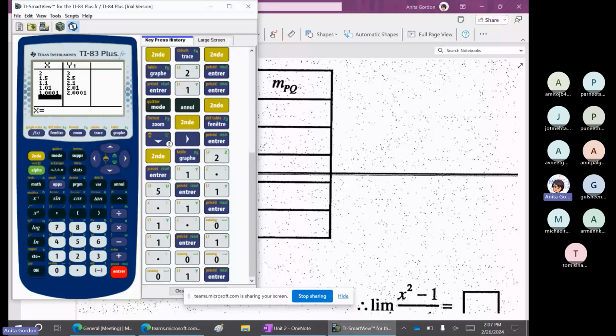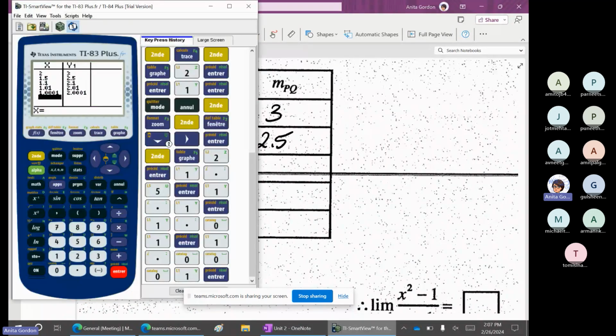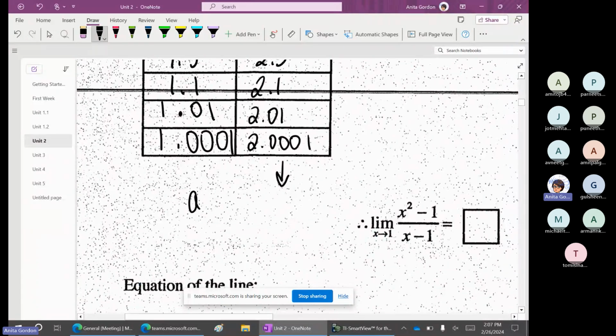So this is giving me 3, 2.5, I think 2.1 was the next one, 2.01, 2.0001. So we can see that the numbers are approaching the number 2.